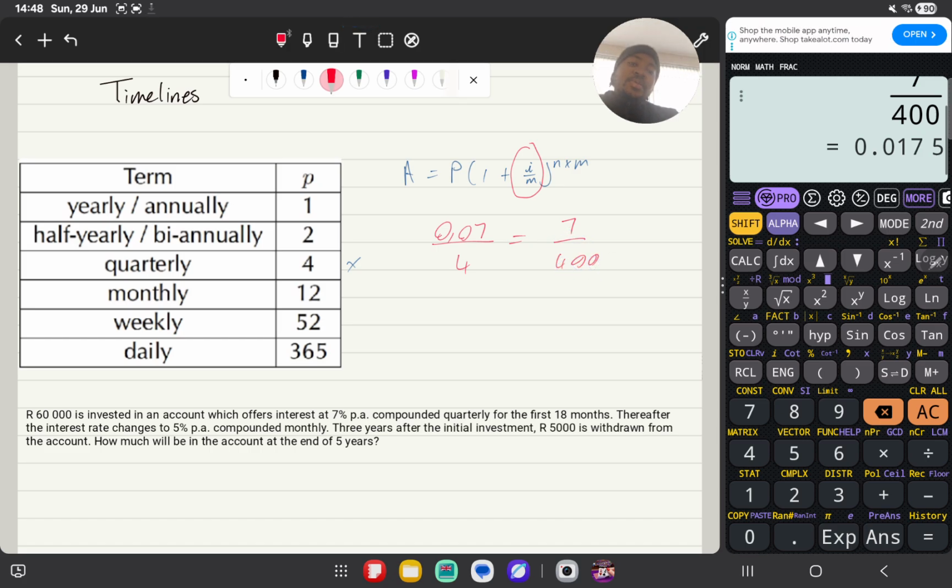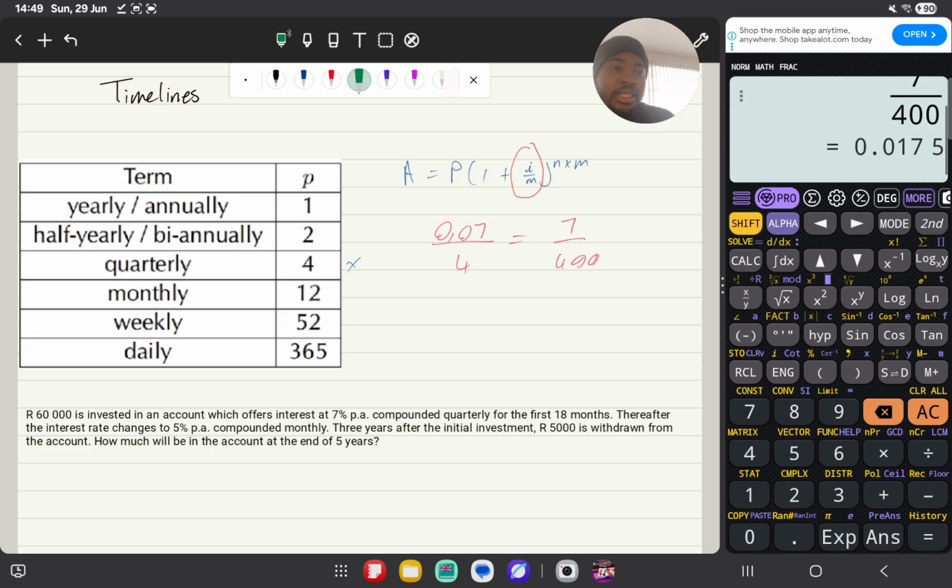So this is powerful. Remember this thing right here. It represents how many times we got interest, or how many times our interest was compounded. Here we are saying per annum is compounded 4 times, which is right.